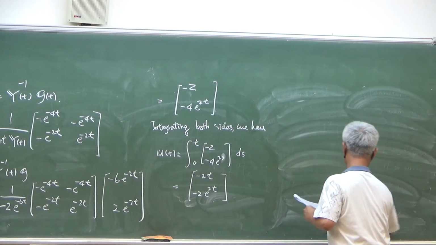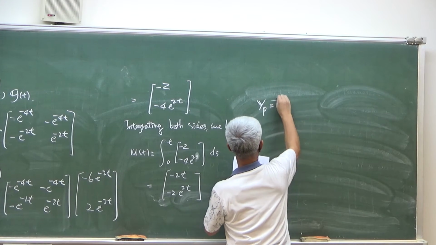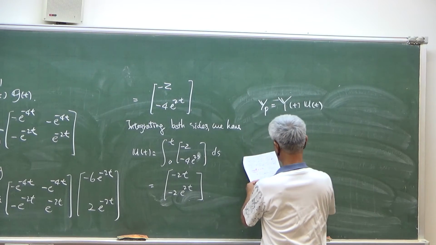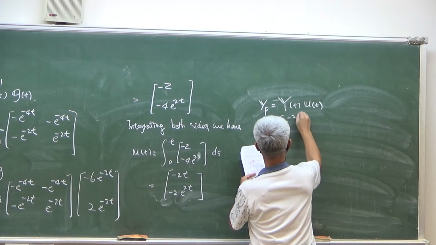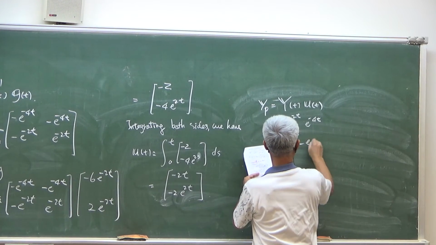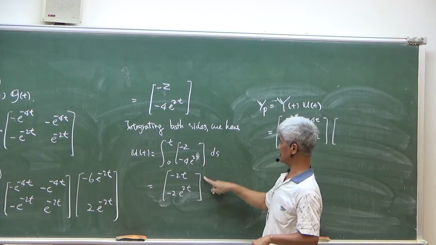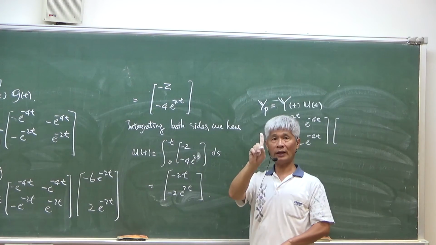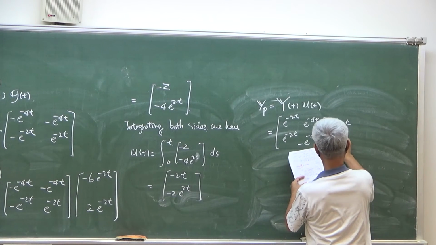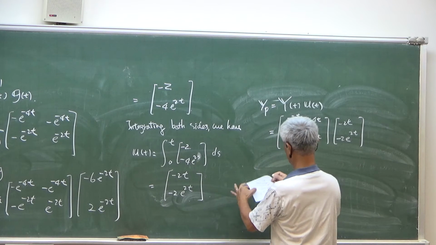So we find the u, okay, and so phi p is equal to phi p times u of t, right? Actually you have a constant, but we just need only one solution. So this is equal to, okay. All right.